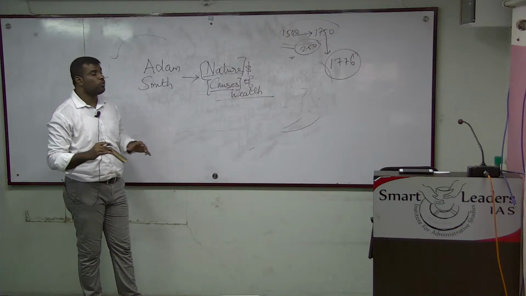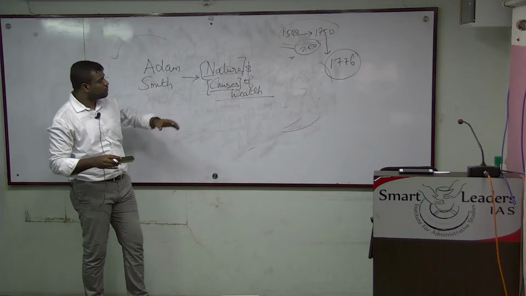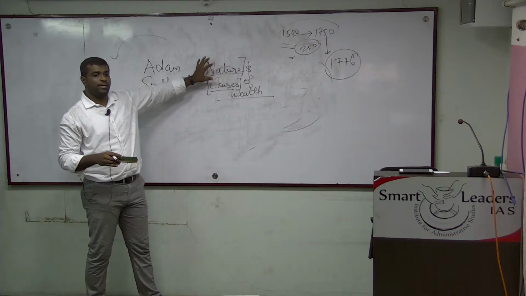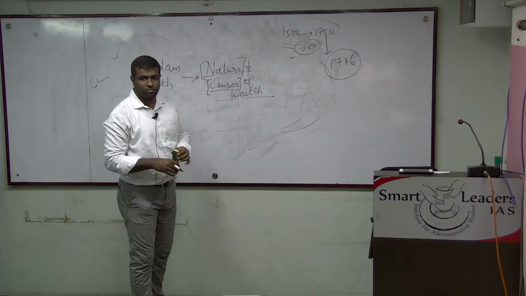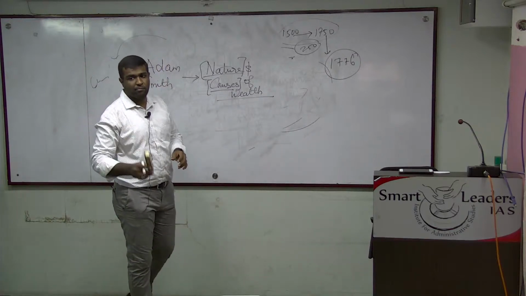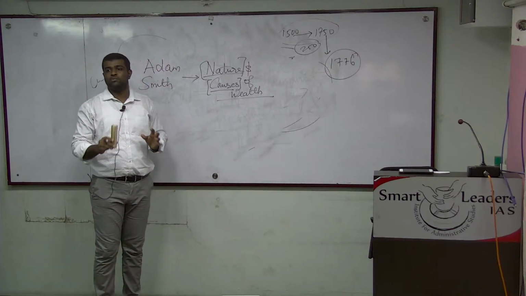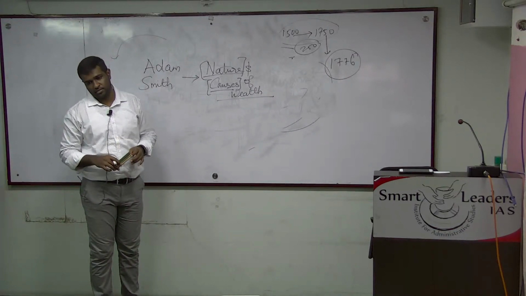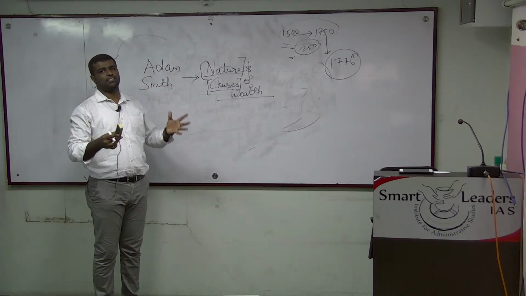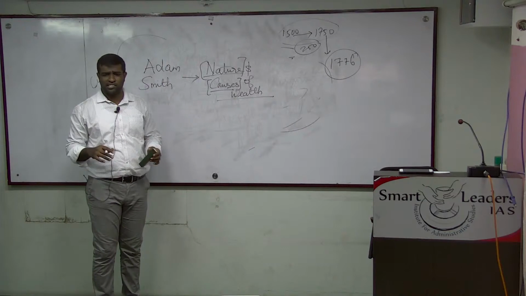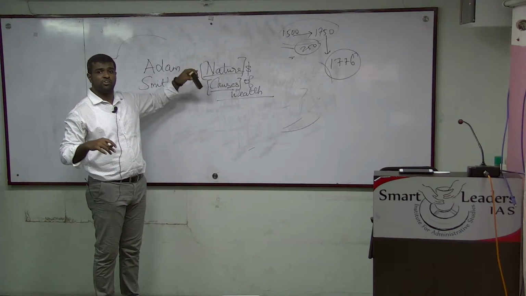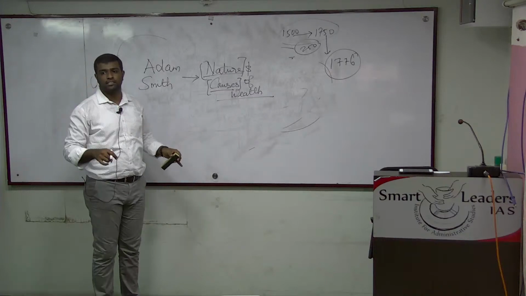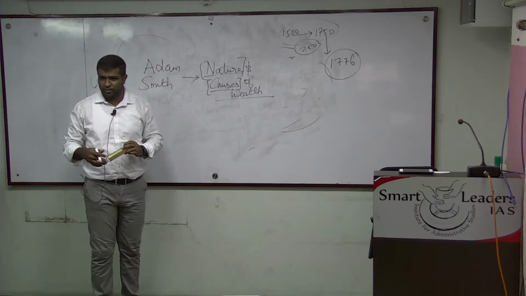He wrote a whole book, and this book, An Inquiry into the Nature and Cause of Wealth, is termed one of the most seminal and important books for economics. Because until then, economics as a separate discipline did not emerge. It was only after this book that people began to search into a new discipline called economics. What exactly did he say in it?